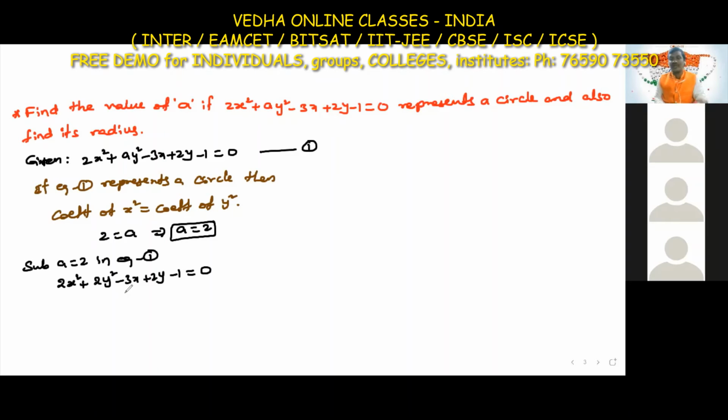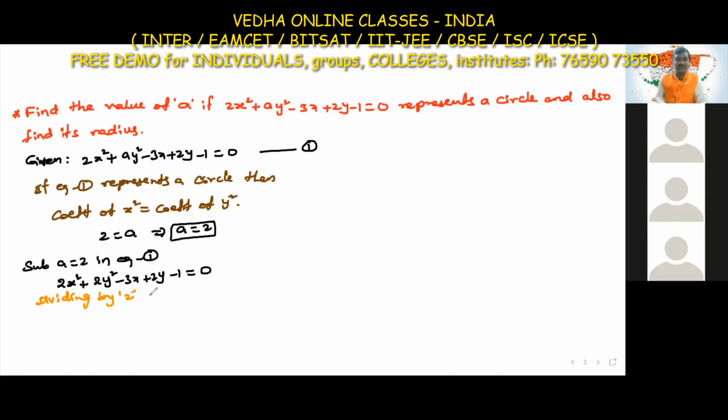Now we have to compare with the general equation, but in the general equation the coefficients of x square and y square are always equal to 1. So for that, I am dividing by 2 on both sides.